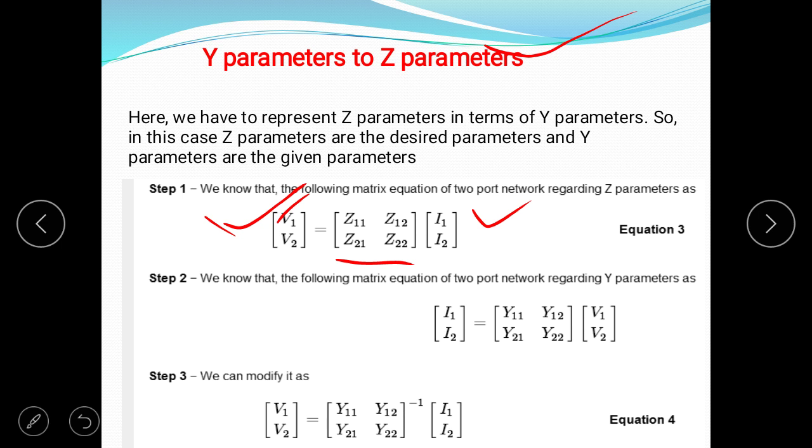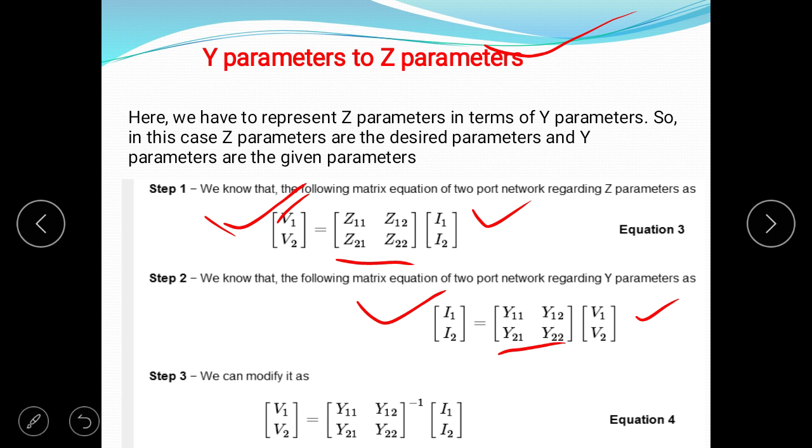Now in step 2 we write the equation of the Y matrix, which is the given matrix: I1 I2 is equal to the Y matrix Y11 Y12 Y21 Y22 times the voltage matrix V1 V2.